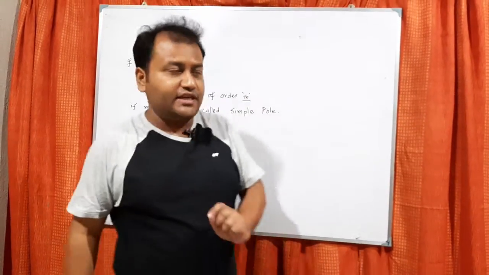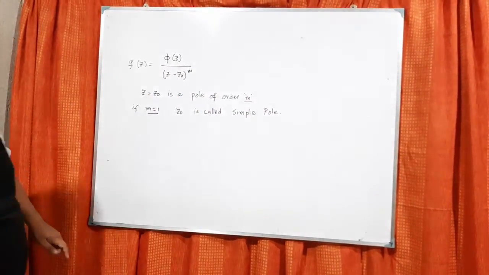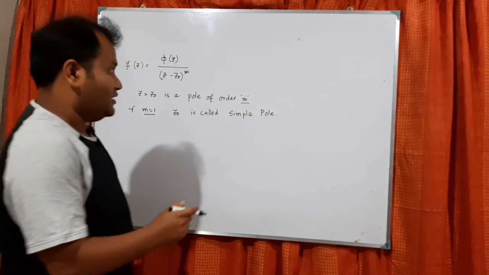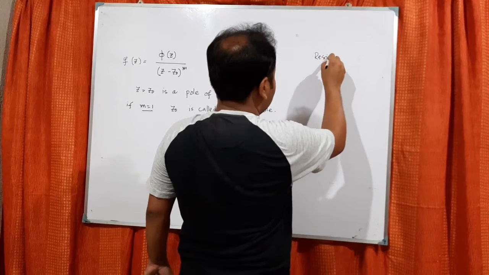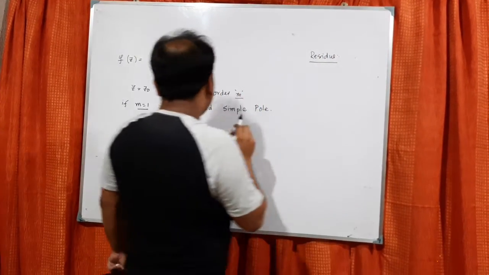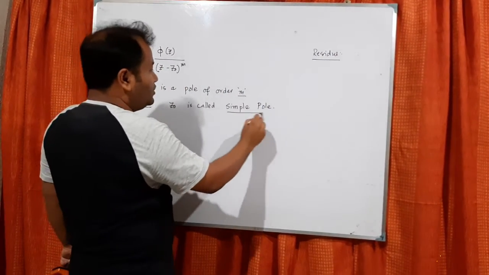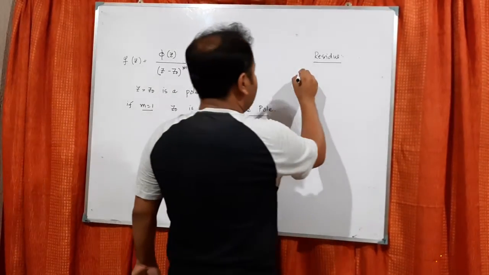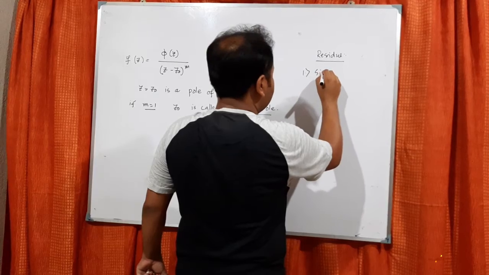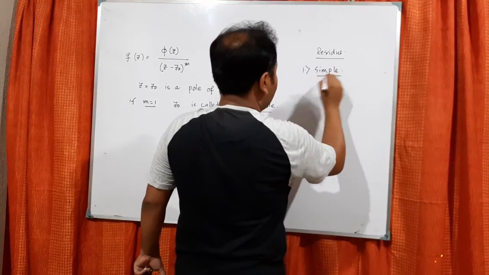Now how to find residue? There are two formulas for finding residue. So, calculation of residue. We can understand there are two types of pole: one is simple, one is pole of order m. The first case is for simple pole.